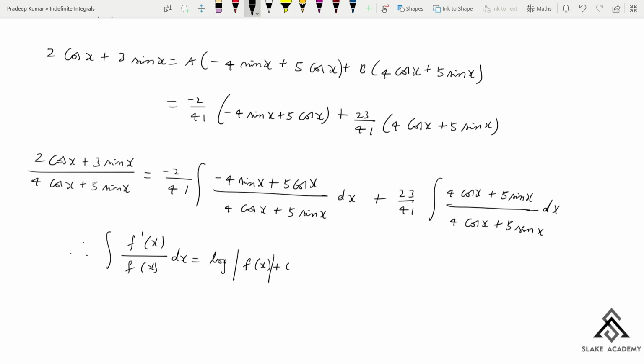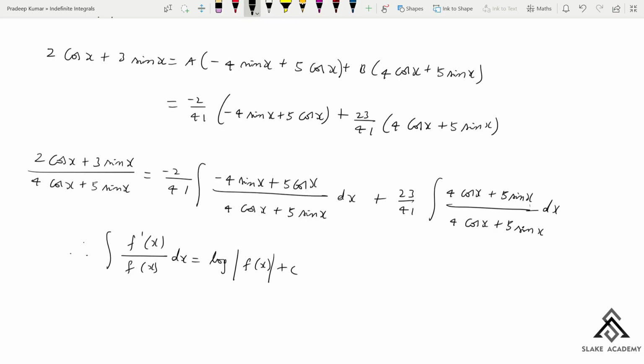Okay, so this is the formula which we used. f dash of x is the upper part which we already derived, and f of x is not derived, we just wrote it from the question. So we can match this formula here: this is f dash of x, this is f of x, which gives log f of x.